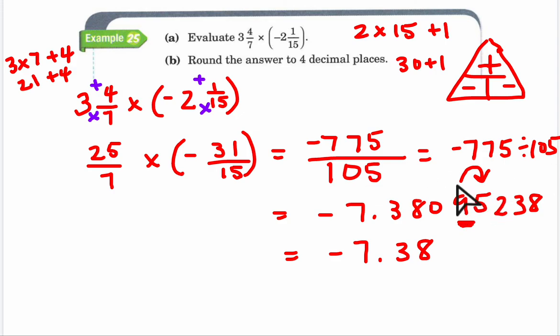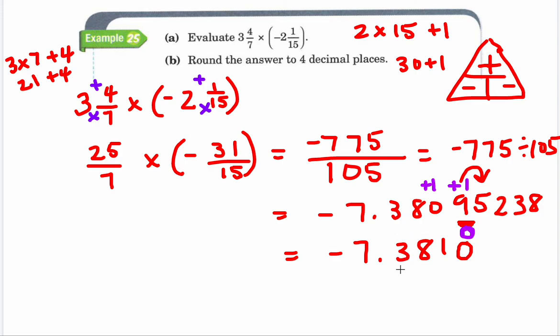If I add 1 more here, that would be 10, right? So this would become a 0, and then I would add 1 more over here. It's kind of like carrying the 1 over. So this would become a 0, and this would get 1 more. So then that's our answer.